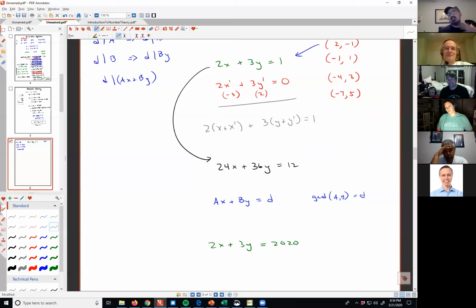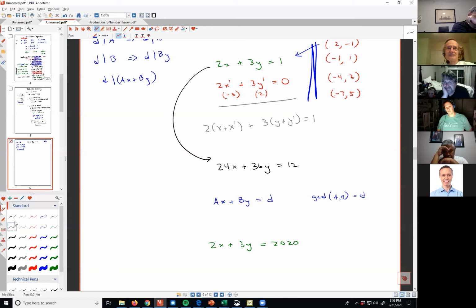What's an easy way to say we know we have infinitely many solutions? It seems like we just take our previous solution and multiply it by 2020. Yeah. Take any previous solution, multiply it by 2020.